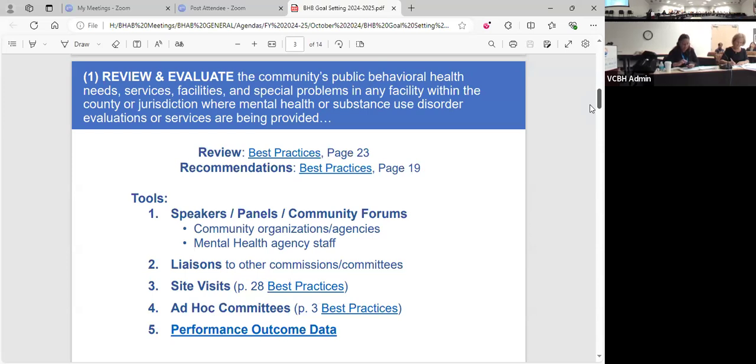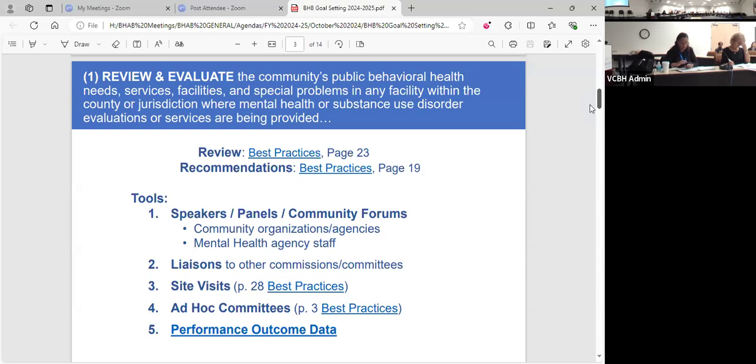So ad hoc committees can be a way to really hone in on something and do some research meetings together outside of your board meetings. So it needs to be less than a quorum of your members. Usually it's 1 or 2 members that will really roll up their sleeves and work on the topic together. And maybe they can help draft a recommendation around that topic after they've done some research meetings or looking at documents, that sort of thing.